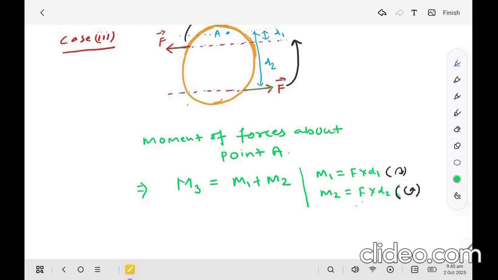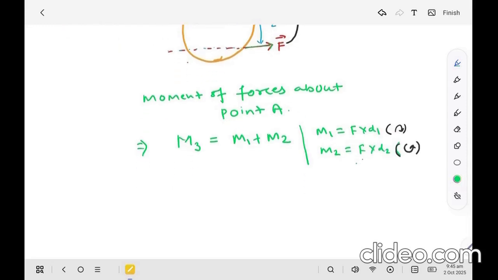Now we use the sign convention. m1 is minus F into d1, and m2 is anti-clockwise, so we use the plus sign convention, F into d2.